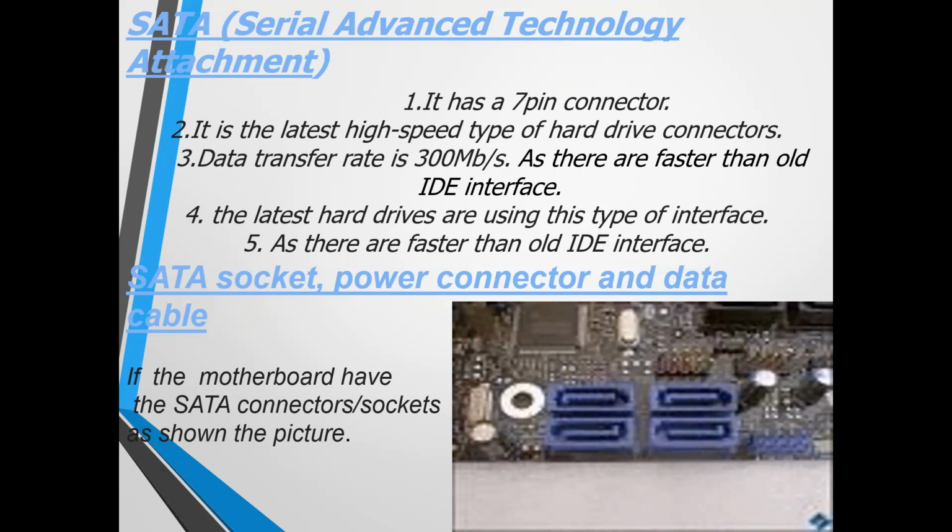It's a Serial Advanced Technology Attachment. It's the latest high-speed type of hard drive connector. Data transfers are higher, of course, from 133, the old one, to now over 300 being the minimum. Yes, we can see it is faster than the old ones, IDE or the PATA. These are our SATA cables.